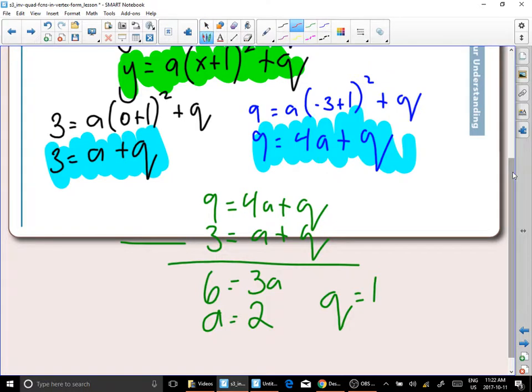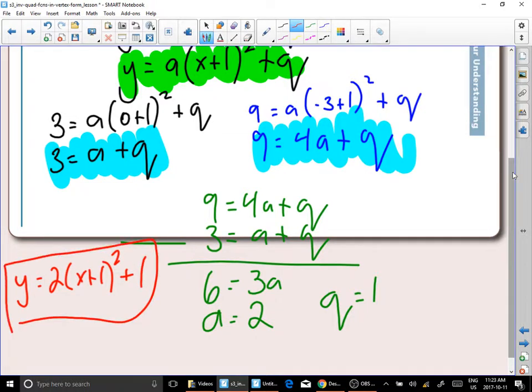So that's going to be y equals 2(x + 1)² + 1. That would be the equation of this quadratic function.